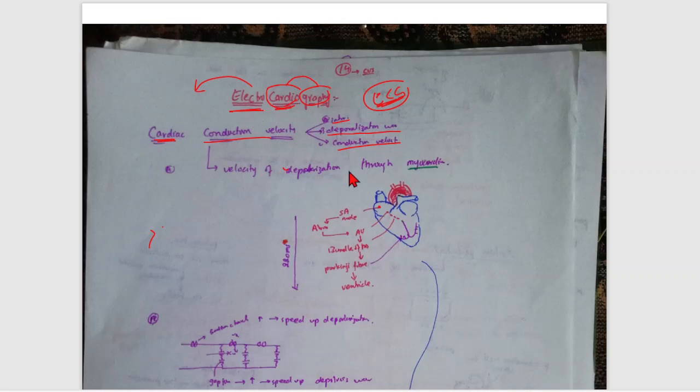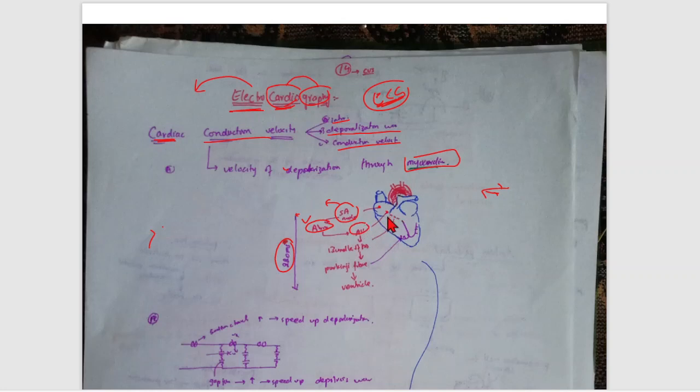First of all, the velocity of depolarization through the myocardium. It takes 220 milliseconds to move from this area, starting with the SA node firing. The SA node fires automatically after some time. When it fires, the conduction and depolarization go toward the atria and all the atria contract, and after that it goes to the AV node.